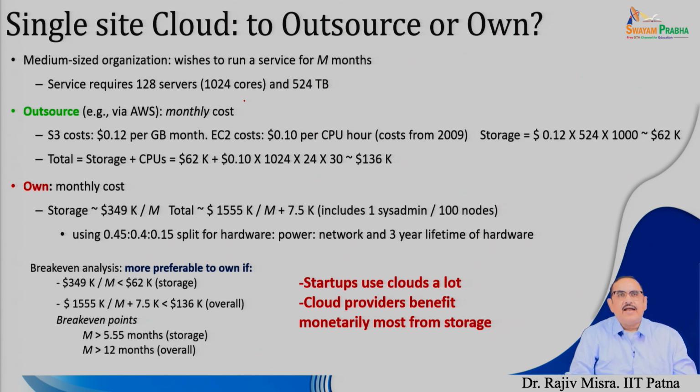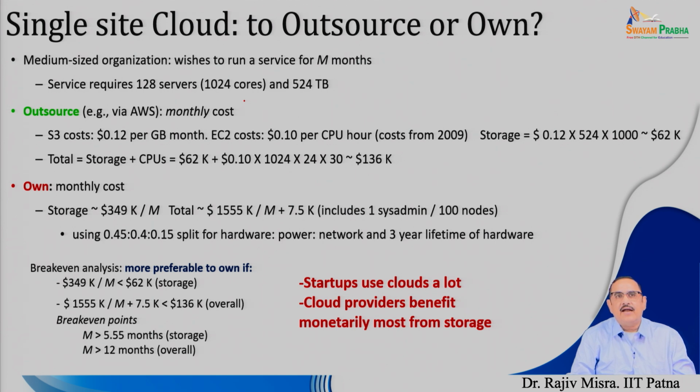Let us say that a medium sized organization wishes to run a service for, let us say, m months, and this service requires 128 servers, with a total of 1024 cores, and it requires storage of 524 terabytes.